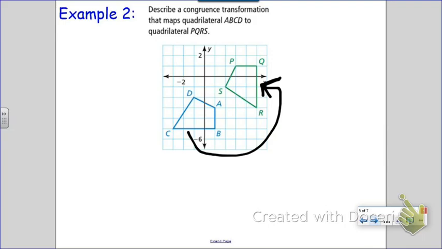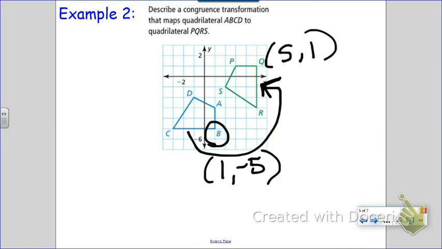We can see that point B has coordinates of 1, -5, and Q has coordinates of 5, 1. So if you match those coordinates, that will make it a 90 degree rotation.